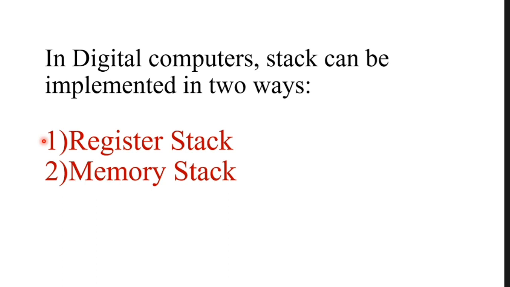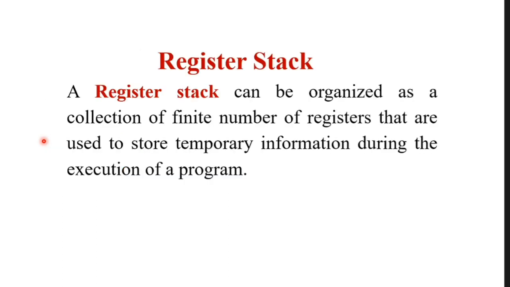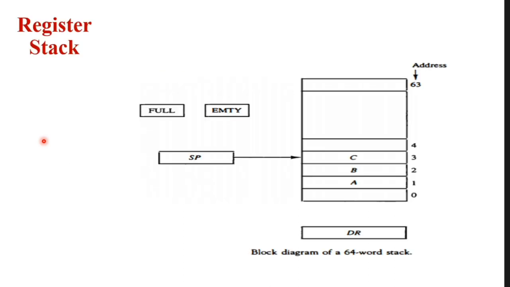Now let's start with the implementation of the register stack. A register stack is organized as a collection of a finite number of registers. So this is how your register stack is organized. This diagram you can find in any book.